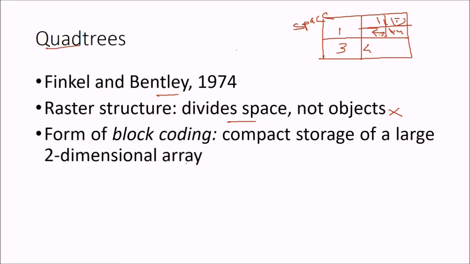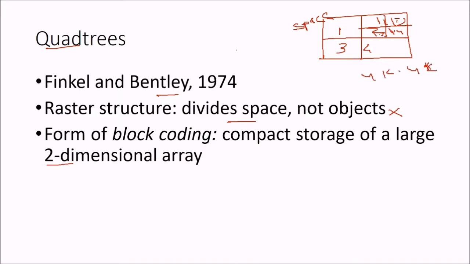It is a form of block coding. That means a compact storage of a large 2D array. Because if you place the image or the raster in the form of a 2D array, it will take contiguous space, say 4K by 4K.